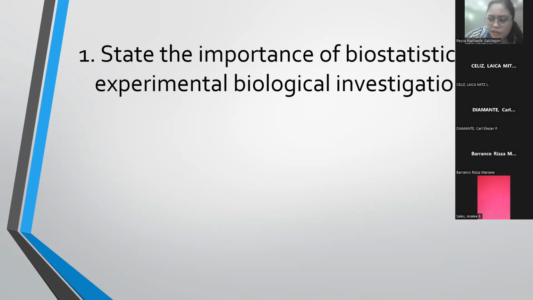Like paracetamol, which Laika mentioned earlier, we are going to give paracetamol to our laboratory animals, and then after that, we will measure their body temperature. The body temperature there is numerical data. And then, how do we interpret this numerical data? Of course, through the help of statistics. We can use different statistical tools for the analysis and interpretation before we can have our conclusion whether our drug substance is effective or not.